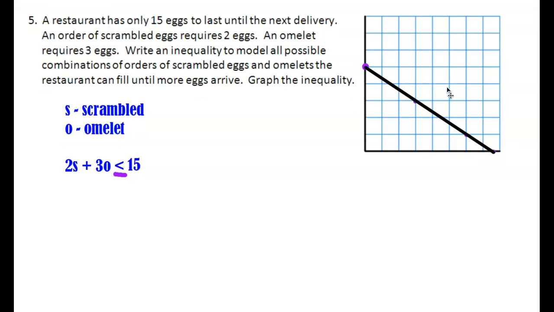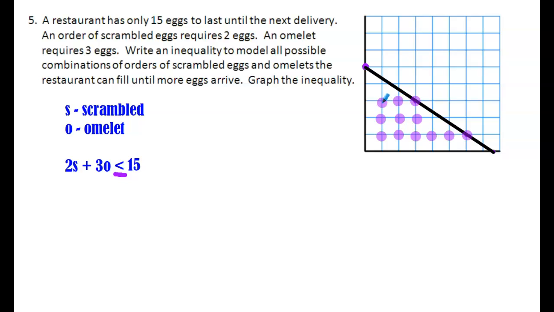All right, so what that means is the line is solid, but only points that hit totally on corners of the line will count as solutions. So this is a solution, this is a solution, and then our region isn't fully shaded. It has to be the corners of all the values inside.